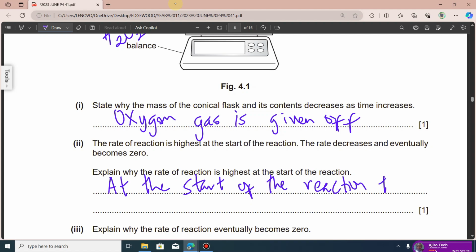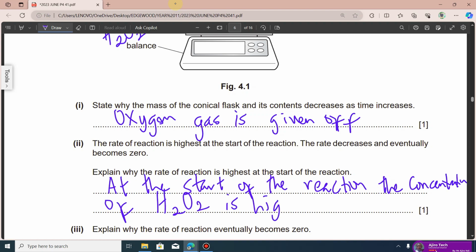the concentration of hydrogen peroxide, that's H2O2, is high.